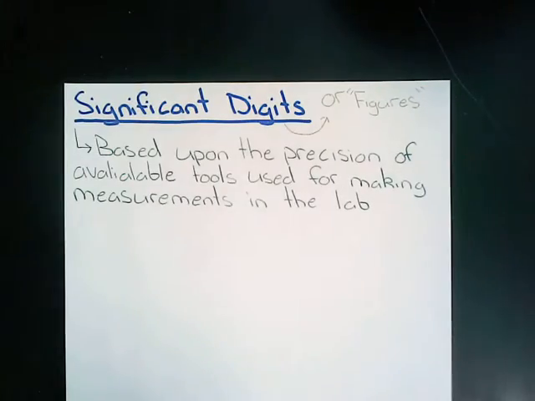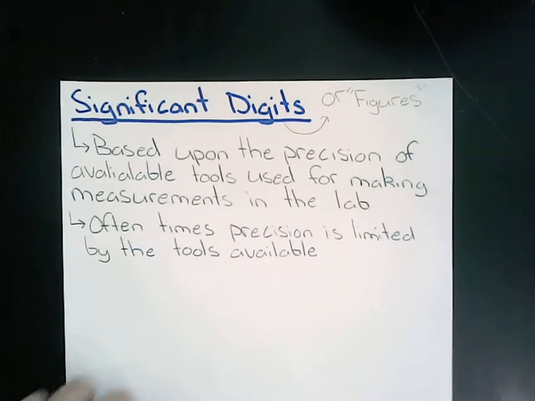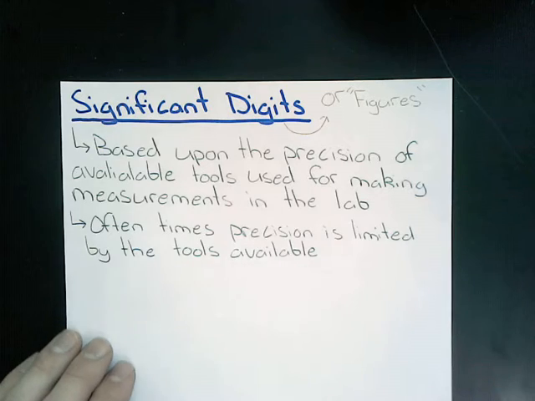Now, oftentimes in the lab, the precision itself is limited by those tools available, or those measuring things that you have to use in the lab. A simple example of our precision being limited is clocks.